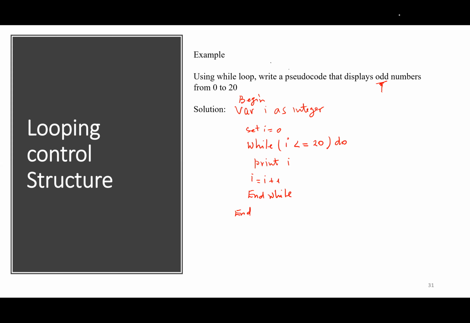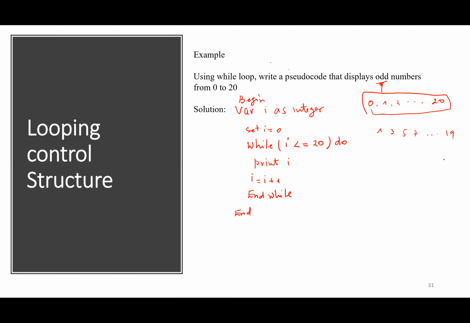Okay, I got that. So if the program is written like this, it will display all numbers 0, 1, 2, up to 20. But from this list, we only need odd numbers, which means we only need 1, 3, 5, 7, up to 19.